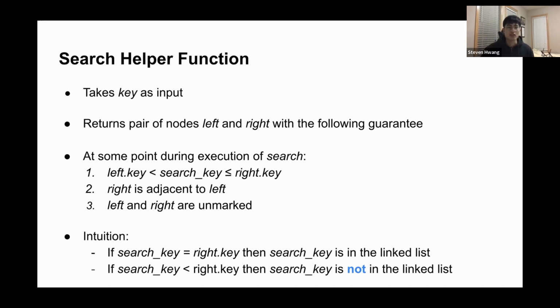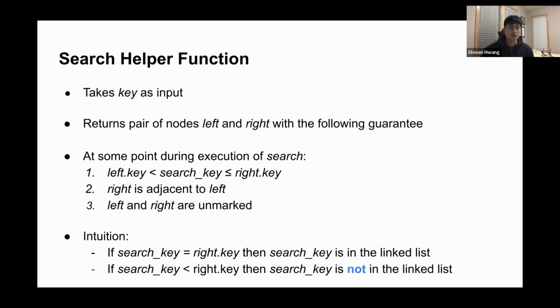The intuition is that if the right key returned is the same as the search key, then the search key was in the linked list when the search conditions were true. And if the left key is less than the search key, which is less than the right key, then the search key is not in the linked list when the search conditions were true.